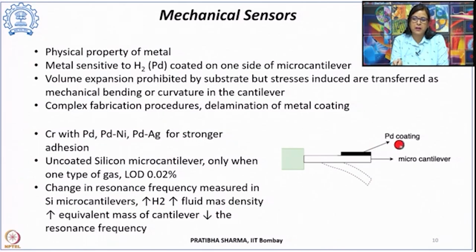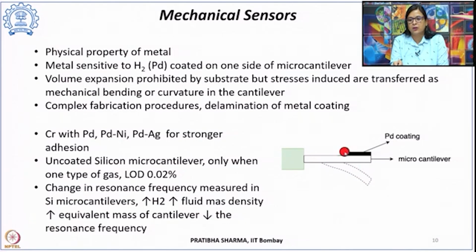Now when this palladium coating is exposed to hydrogen, the hydrogen atoms will get into the interstitial locations and cause an expansion. So this volume expansion will occur in the palladium coating, but that will be prohibited by the micro cantilever. As a result, stresses will be induced, and those stresses will be transferred by bending of the cantilever. So there will be a curvature observed in the cantilever.